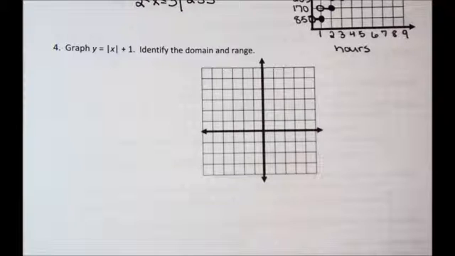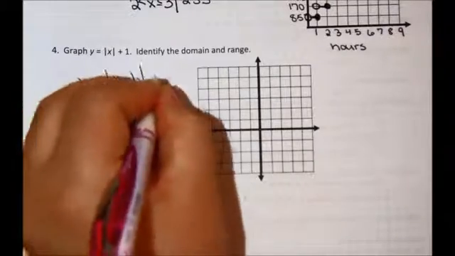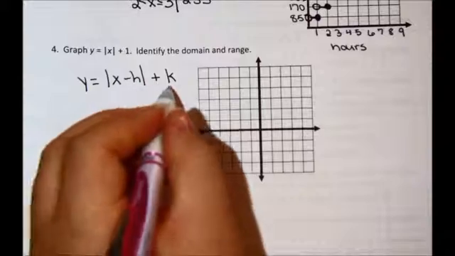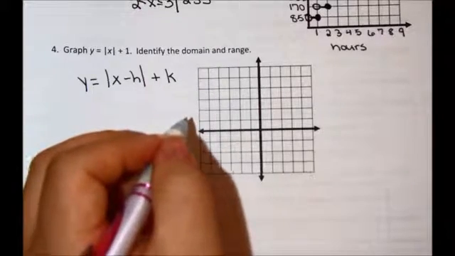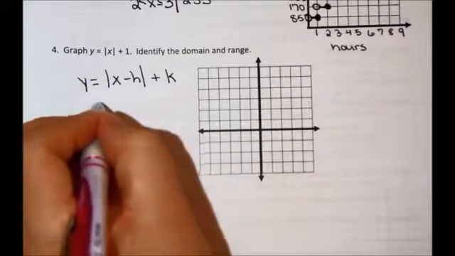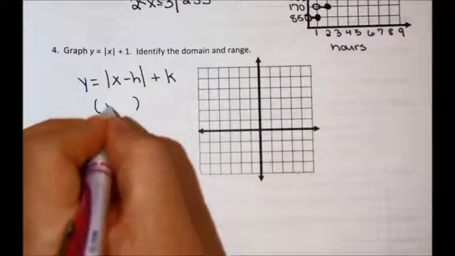To graph number 4, we are going to preview the equation that we'll look at tomorrow. In this equation, h and k tell me what my vertex is. K has to do with the y, and h has to do with the x.